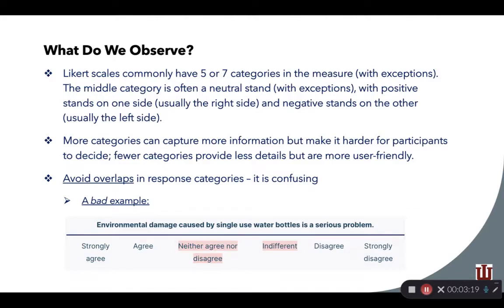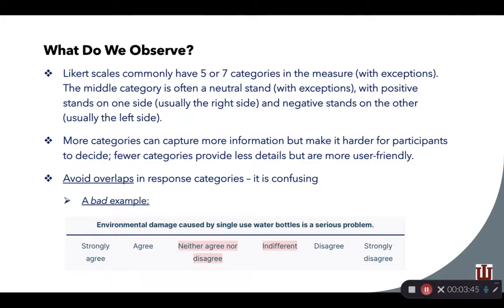So the middle category often has a neutral stance, and then we have a positive side and a negative side. And with more categories, for example, if you compare a 5-point scale to a 7-point scale, we can see more categories can capture more information because each of the scale points carries a certain level of information.